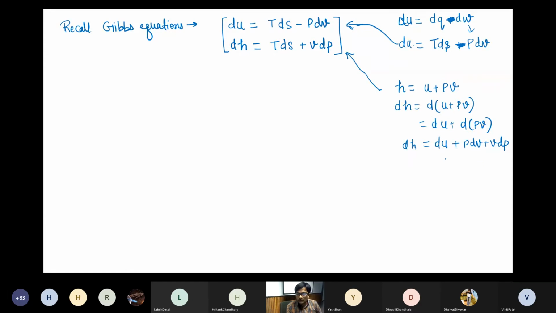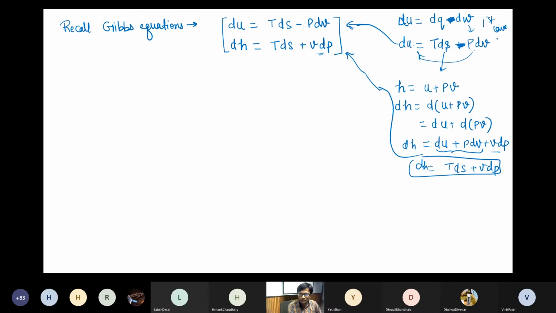Okay, now what? VdP we got already. Now U plus PdV, yes, U plus PdV gives us TdS here. So dH is TdS plus VdP. So these two relations are nothing but derivations from the first law itself.